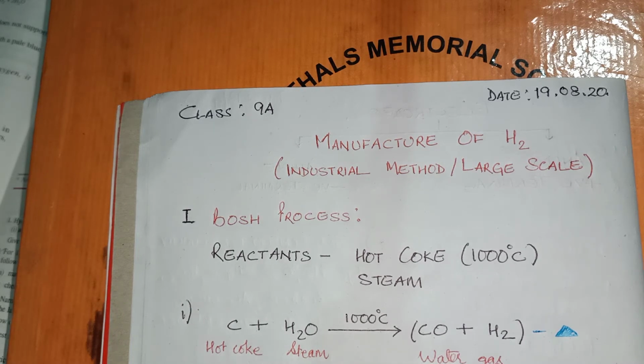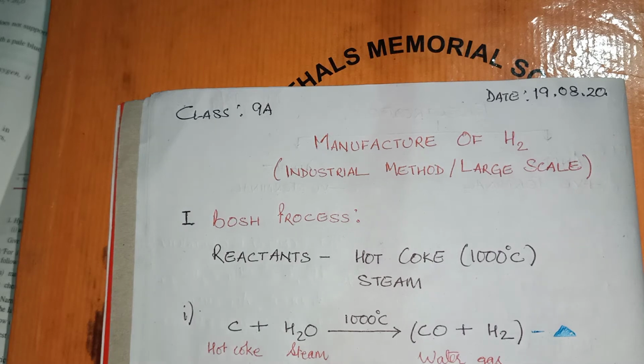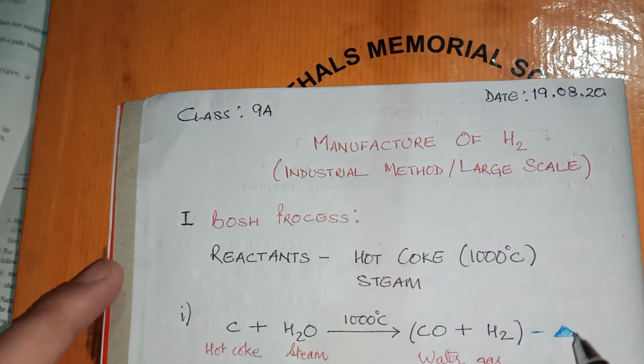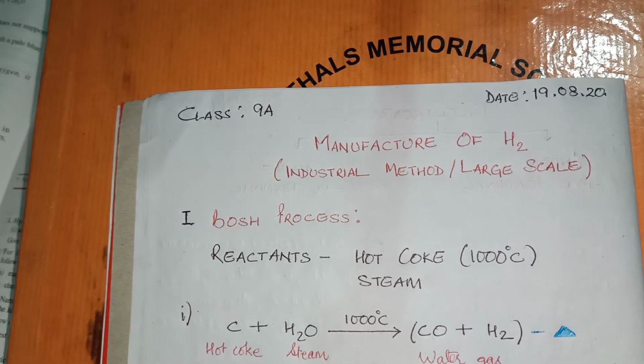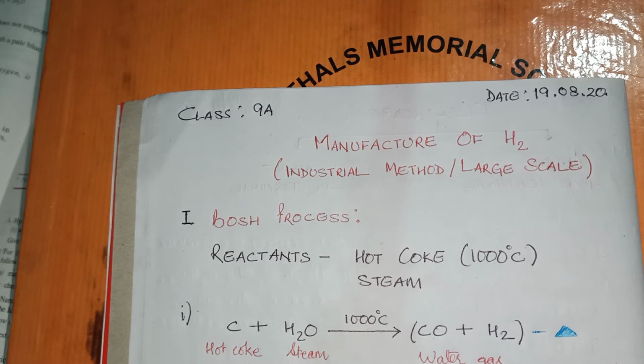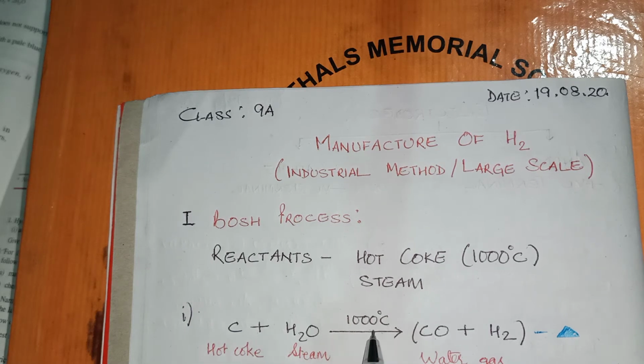We learned about this reaction in the preparation of hydrogen by reacting with water, in our basic preparation of hydrogen gas. So the same method is going to be used here in the Bosch process.